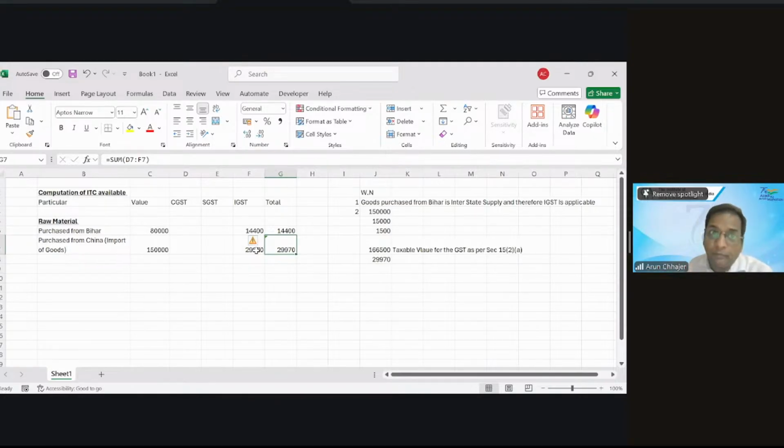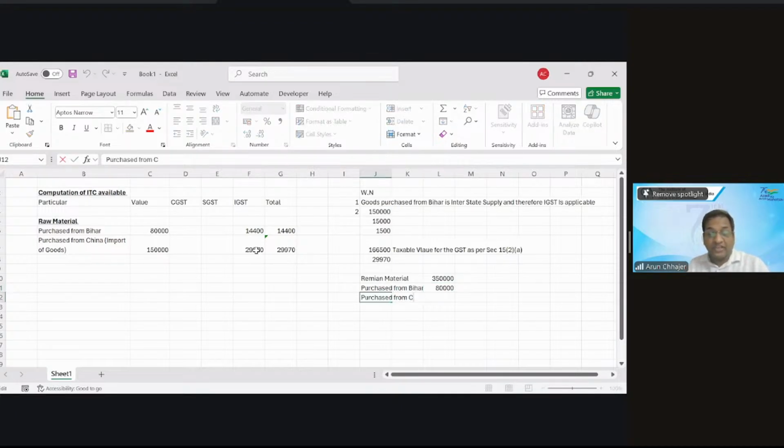But the only problem is when we talk about the remaining material. What is the total material? 3,50,000. Once we calculate the remaining material, purchase from Bihar is 80,000.